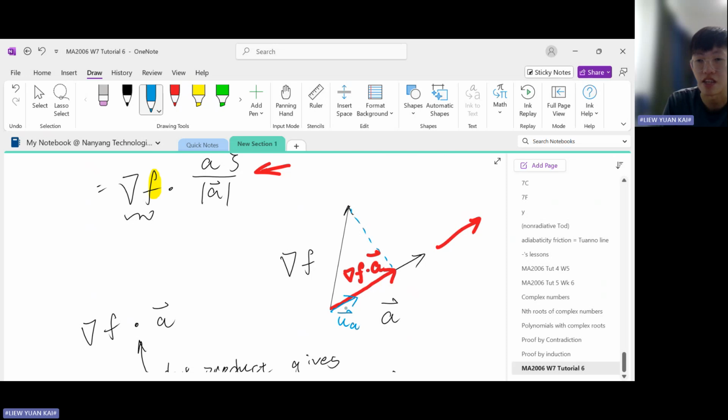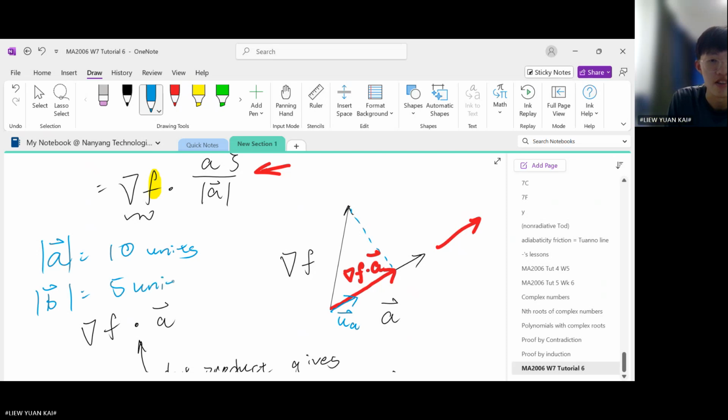The reason why we take the unit vector is to make it fair. Different vectors have different lengths, different magnitudes. Suppose I have vector A, which is 10 units long, and vector B is 5 units long. The projection of nabla f on A and on B will not be the same, because the magnitudes are different.